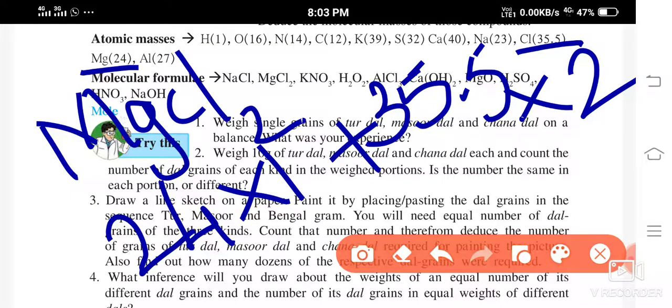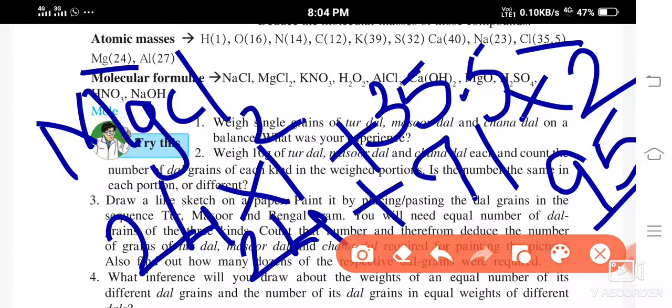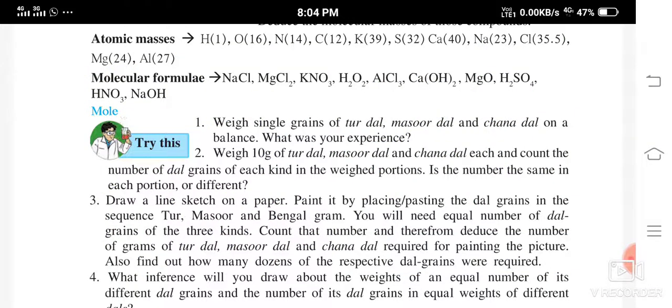So it is 24 ones are 24 plus 35.5 into 2, which is 71. If you add 24 plus 71, it is 95. So the molecular mass of magnesium chloride is 95, right? Yes.